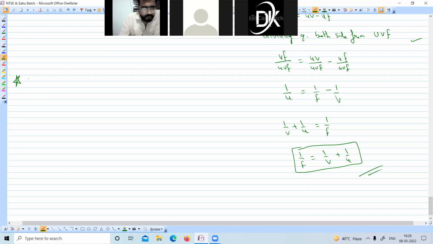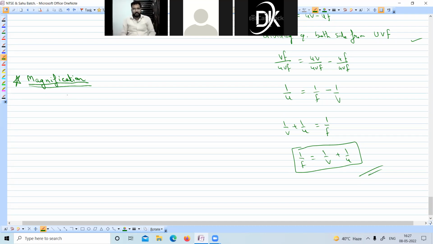Okay, what do you understand by the word magnification? What do you know about the word magnification? Magnification is actually the comparison. As the word magnification comes, generally students think of a large image.